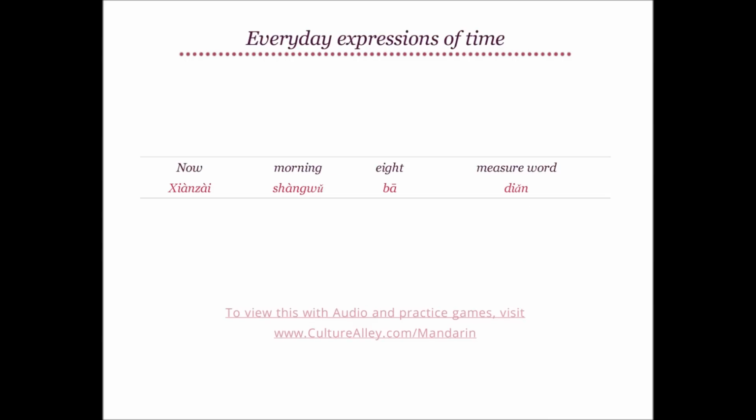Let's now take a look at the breakup of this sentence. Now translates to 现在, while morning becomes 上午. 8 becomes 八. And the measure word for time translates to 点.